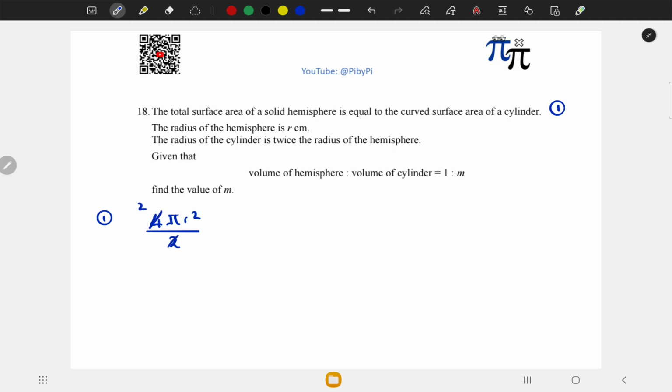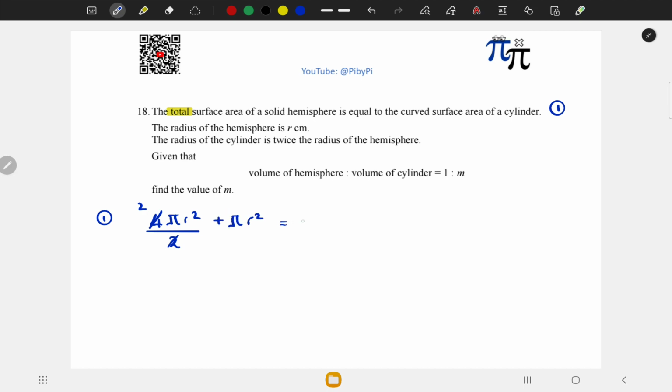Now again, a common mistake that students make is that they ignore this particular word over here, the total surface area. When you're dealing with a hemisphere, it has two faces, not only the curved face, but the face on the top as well, which is a circle. So we need to add the circle, which is pi r squared.